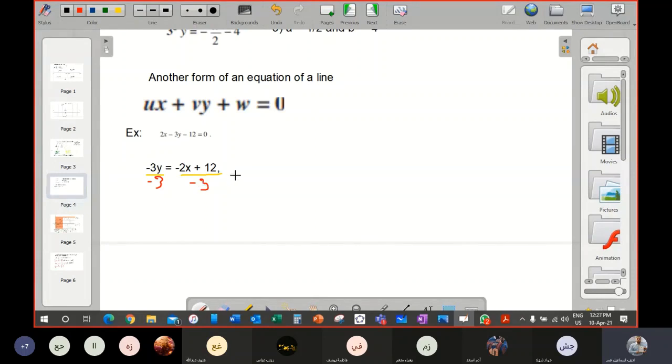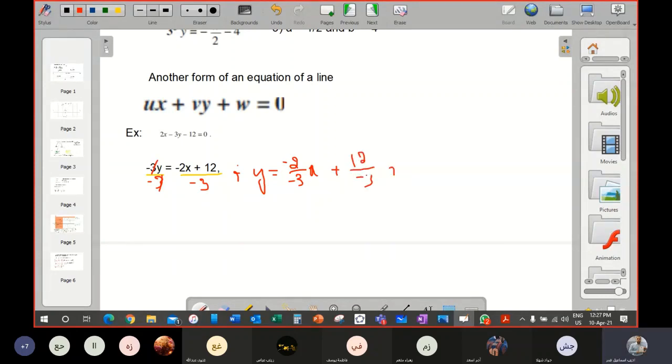So the equation will become: minus 3 is simplified with minus 3. Now we have y on the left-hand side equal, on the other side, minus 2x over minus 3 is 2 over 3 x. Minus is simplified with minus. And here we distribute the denominator on both values, and we have plus 12 over minus 3.